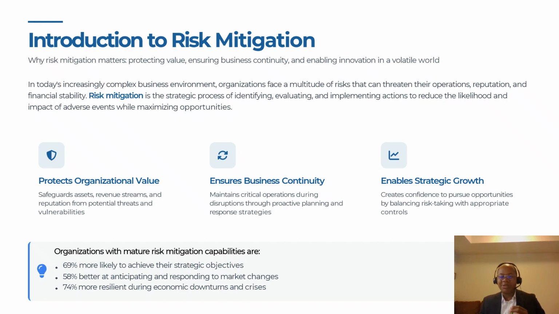Again, the same research indicates 74% more resilient during economic downturns or crises. These research findings are very enlightening because they give us a basis to want to mitigate our risk.